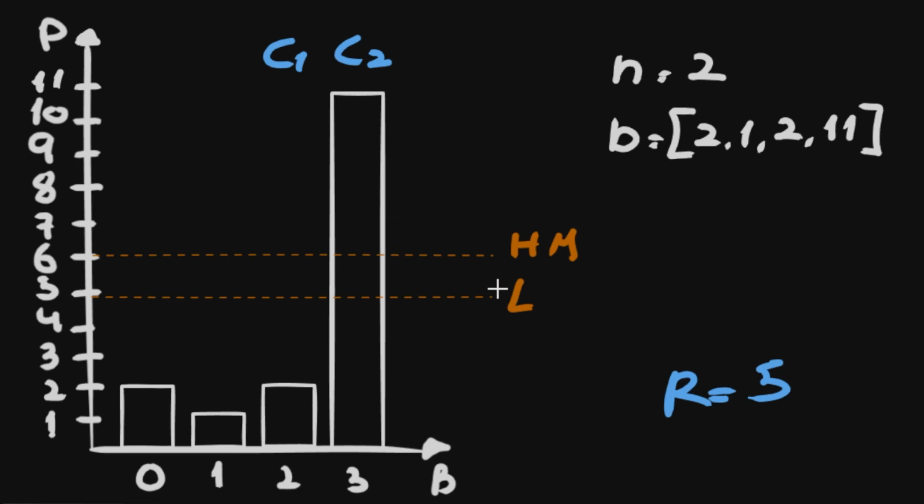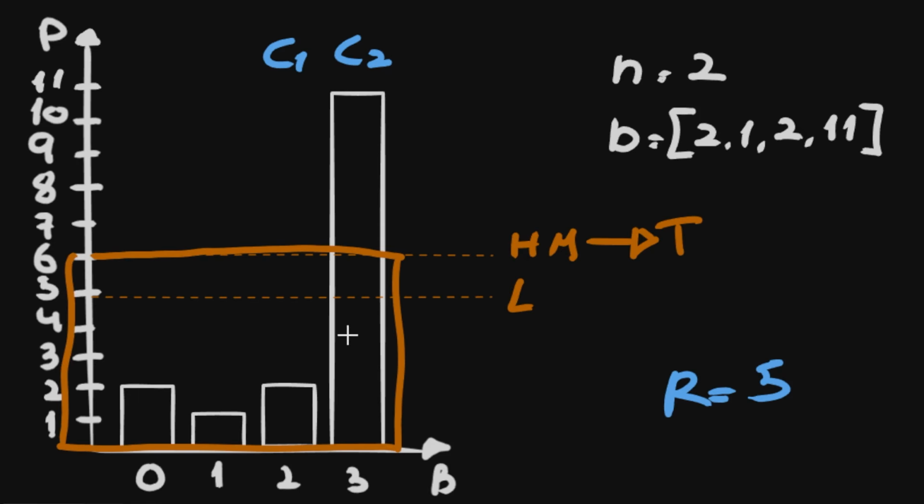Now high is 6, low is 5, mid is also 6, so this is the target, and we only care about anything that's below this line. The total power here is 2 plus 1 plus 2 plus the minimum between 11 and the target, meaning 6, and the sum here is 11, and this divided by the number of computers is 5.